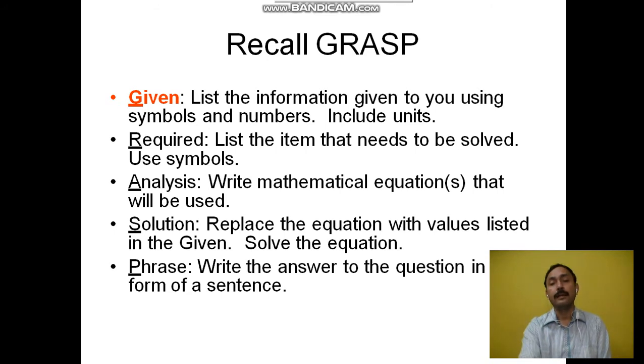Analysis: write the mathematical equations that will be used. Solution: replace the variables in the equation with the values listed in the given, and solve the equation. Paraphrase: write the answer to the question in the form of a sentence.